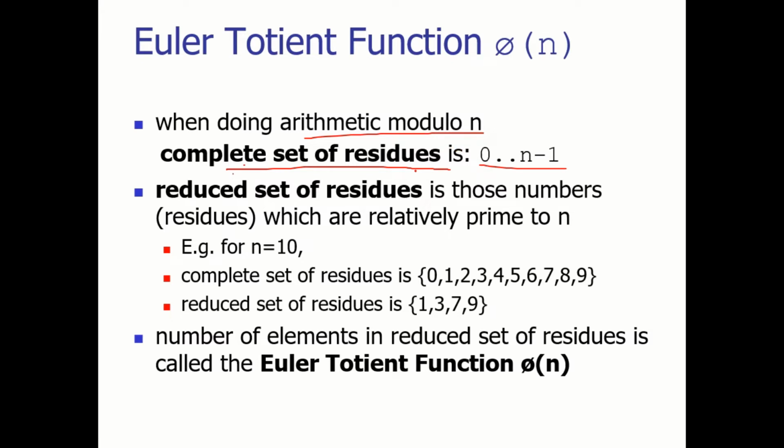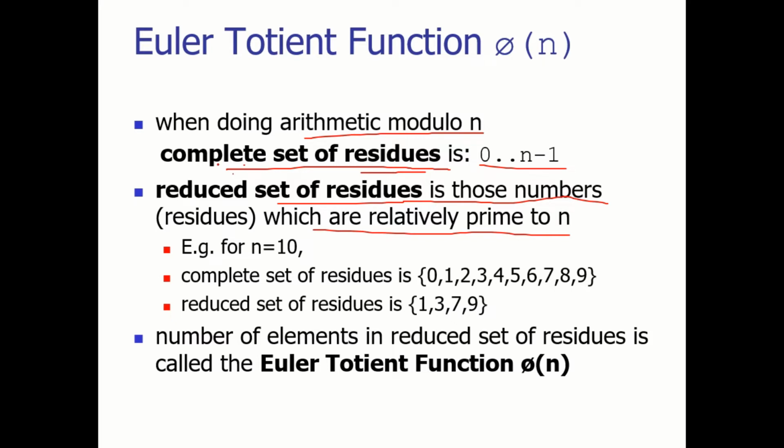You might be remembering these things because we have already discussed all these remainders, residues, and sets of residues in previous classes. Now the reduced set of residues is those numbers which are relatively prime to n.